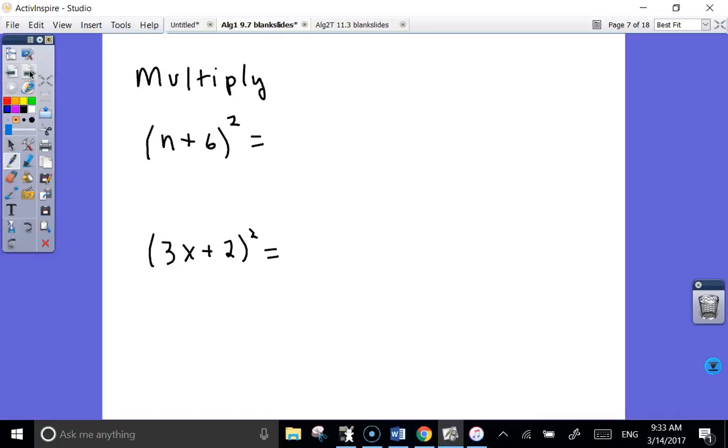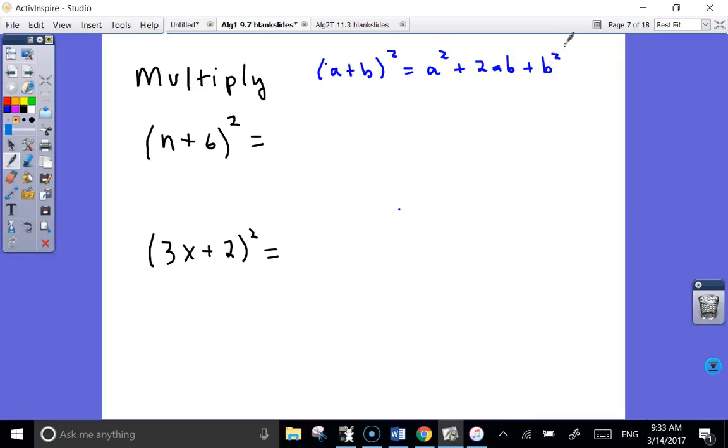So we had factoring patterns for this too, right? When you had something like n plus 6 squared, the formula was something like this: a plus b, in parentheses squared, is a squared plus 2ab plus b squared.